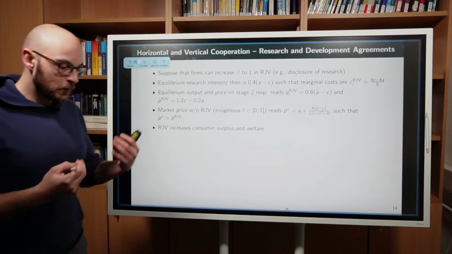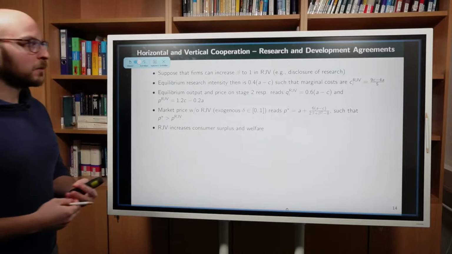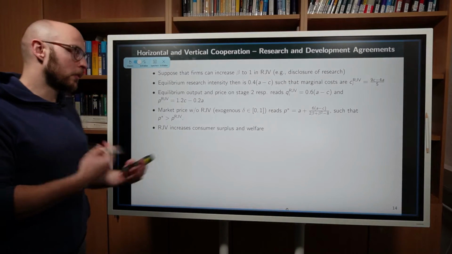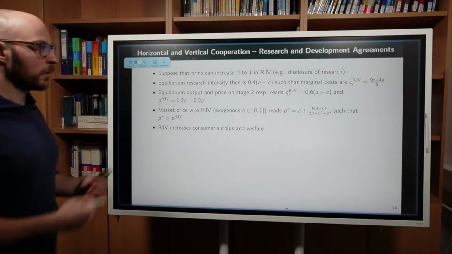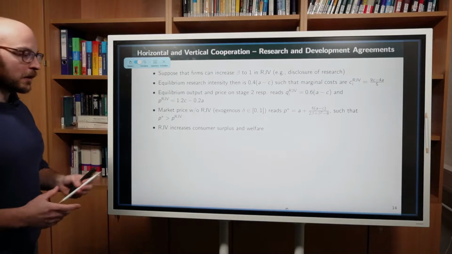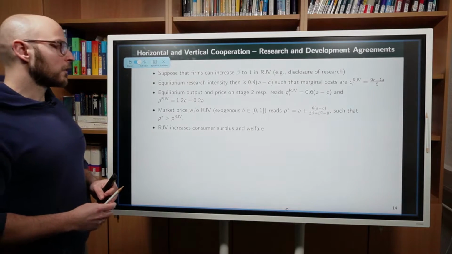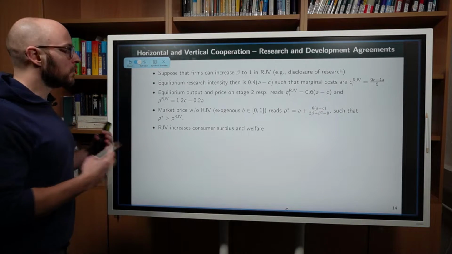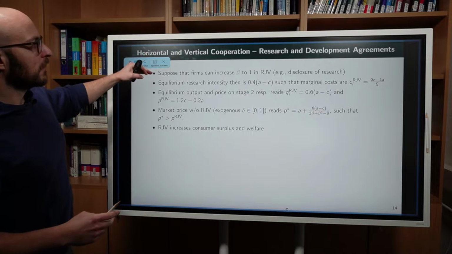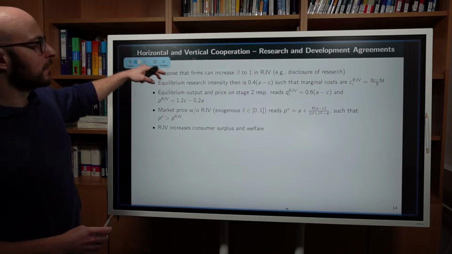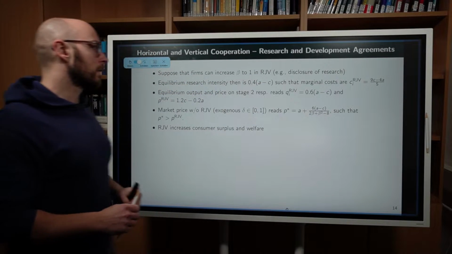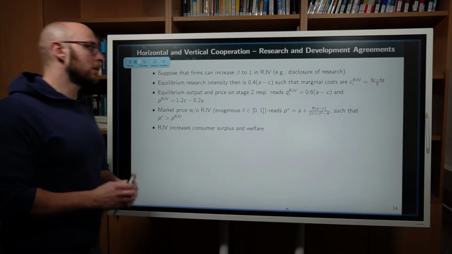Well, for instance, if you do research in an RJV, you probably disclose the results of the research, and you probably do so much more severely or thoroughly than you would outside a research joint venture. So what we assume here is that beta is endogenous in the sense that if we are in a research joint venture, beta is increased to 1.